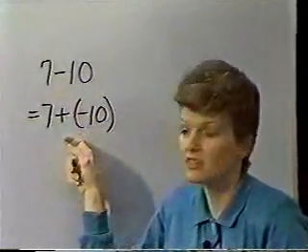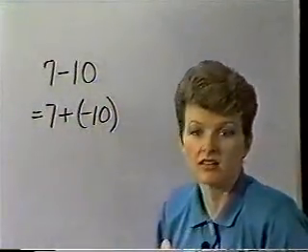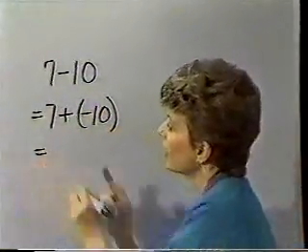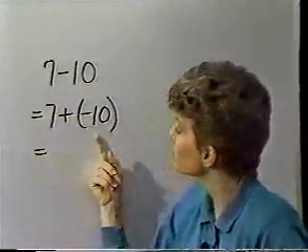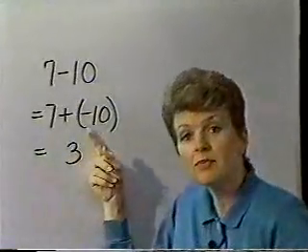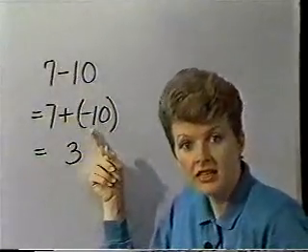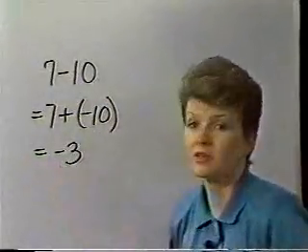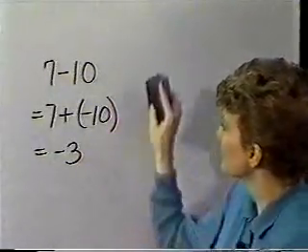So this problem is the same then as 7 plus negative 10. All right, I'm adding two numbers with unlike signs. Subtract their absolute values. 10 minus 7 is 3. Keep the sign of the number with the larger absolute value. That would be negative, so my answer is negative 3. Let's try another example.